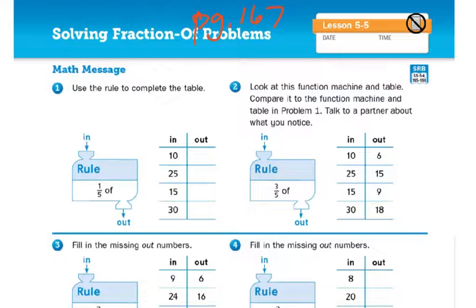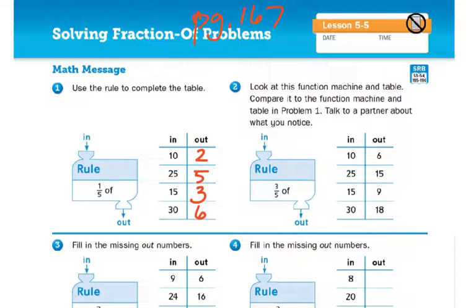So 1/5 of 10 is 5 times what gives me 10? 2. 1/5 of 25, 5 times what gives me 25, and we have just one group of it, 5. 1/5 of 15, 5 times what gives me 15, 3. And 1/5 of 30, 5 times what gives me 30? The answer would be 6.